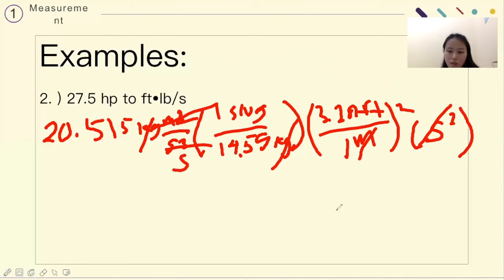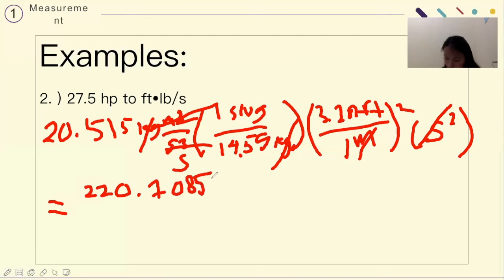So now count the numbers. So multiply 20,515 to 3.28 times 3.28, and you can use your calculator for this, and you'll get 220,708.576 over 14.59.